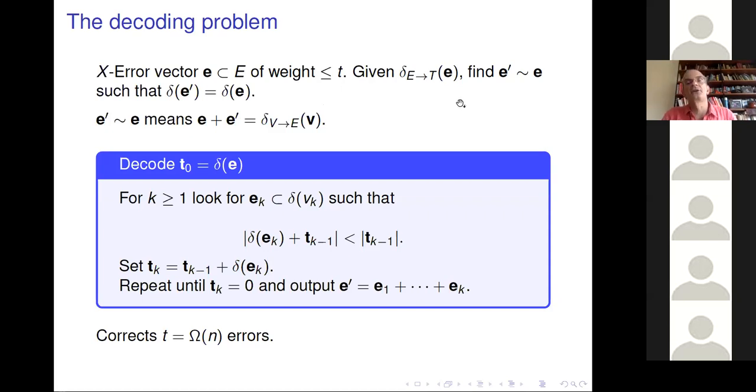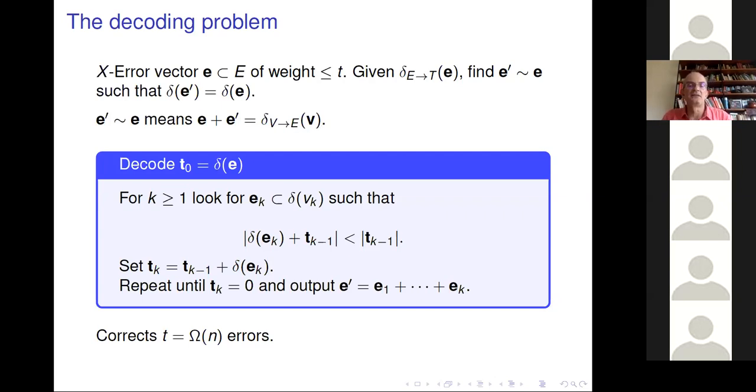And what you're trying to do is not find the x error vector exactly, which is not really going to be possible. You want to find an equivalent x error vector that has exactly the same co-boundary. An equivalent means that the sum of our two error vectors is a previous co-boundary, meaning a vertex-to-edge co-boundary.